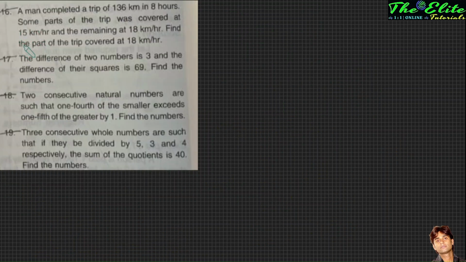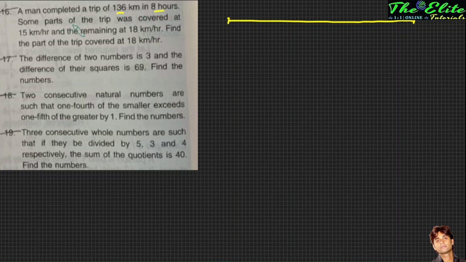What is in question number 16? See, a man completed a trip of 136 kilometers in 8 hours, some parts at one speed. So you have to assume like that. Consider this as the distance of 136 kilometers, and the time taken is 8 hours.